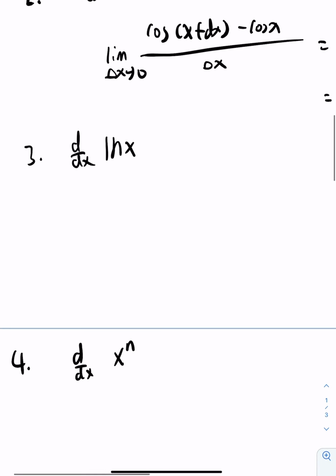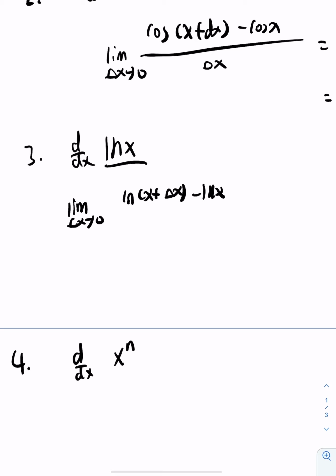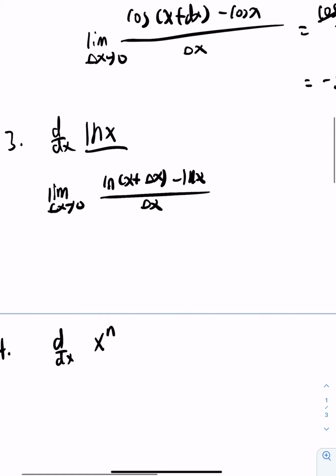Now we prove the derivative of ln x, the natural log. So first, by its own definition, it is ln(x plus delta x) minus ln x, divided by delta x.